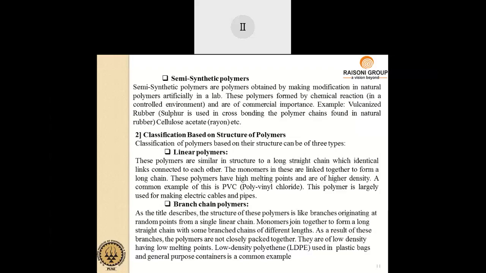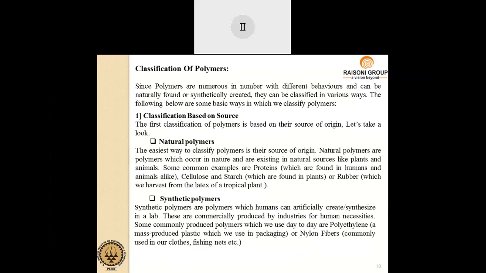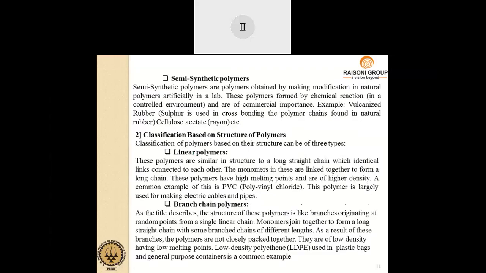Here we see that there are natural polymers. If we do some modification in those natural polymers in an artificial way, then we get semi-synthetic polymers.